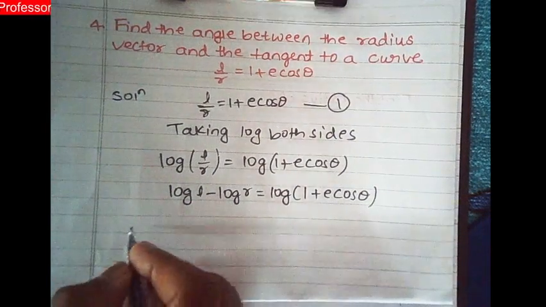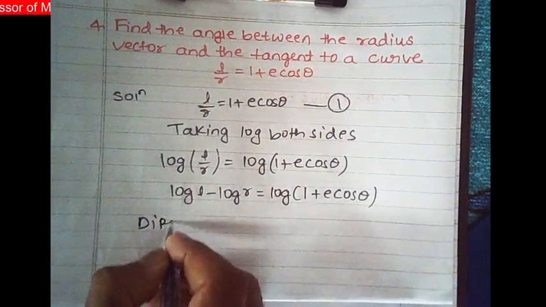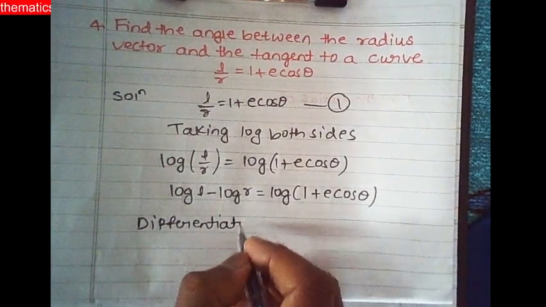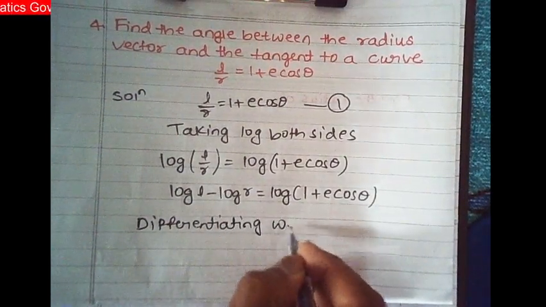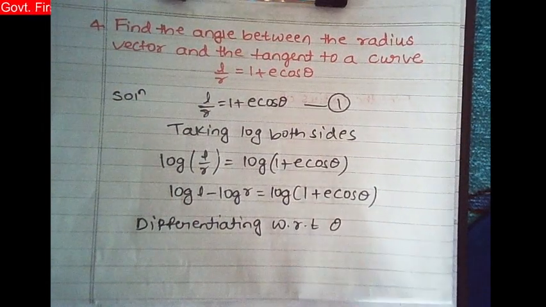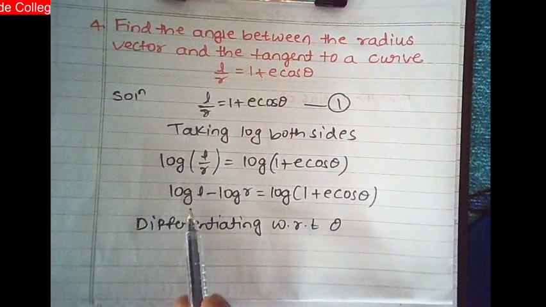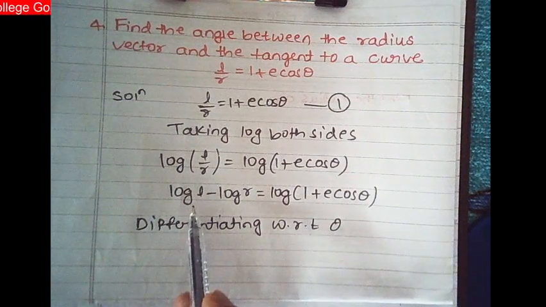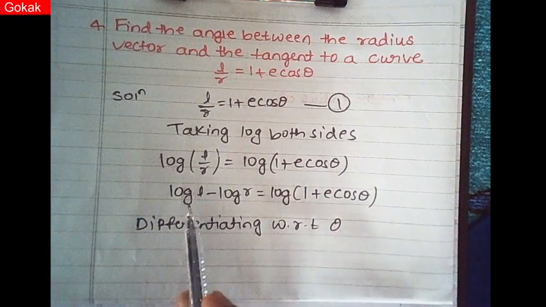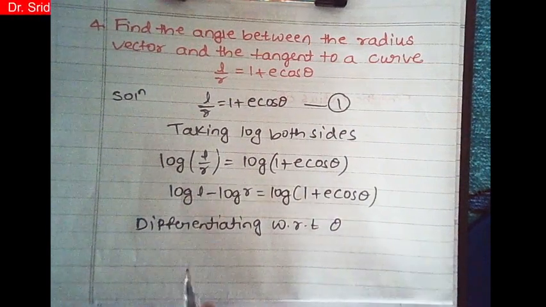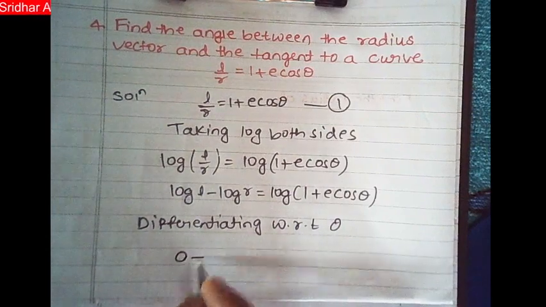Next is differentiating with respect to theta. Now l is a constant, so log l is also a constant, and the differentiation of a constant is 0, so the first term gives 0.